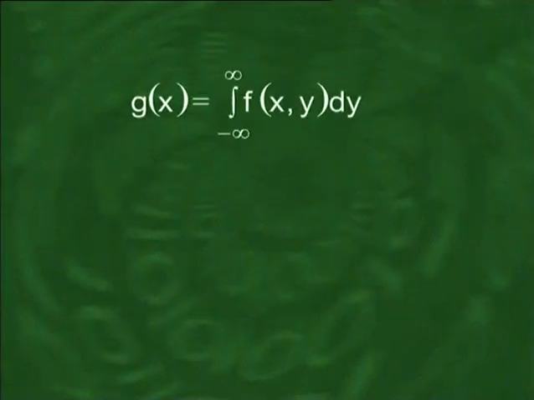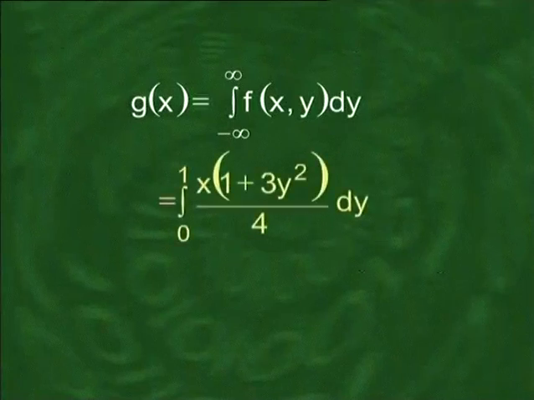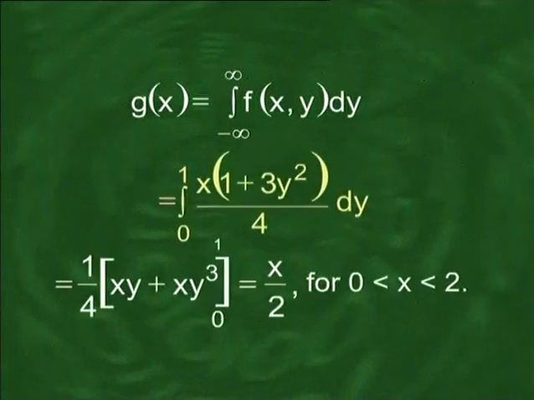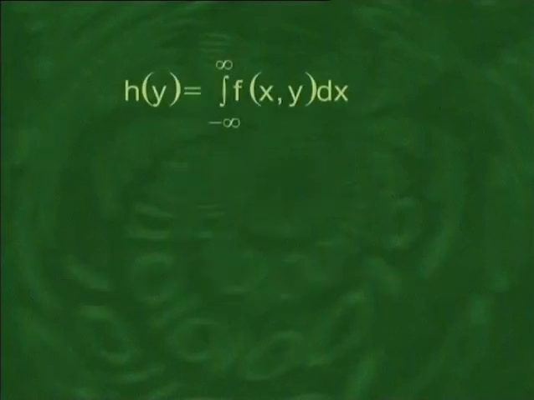In order to find the expected value of x, we will first of all compute the marginal distribution of x, and as explained last time, for this purpose we will find the integral of our expression with respect to y, and doing so g of x comes out to be x over 2.